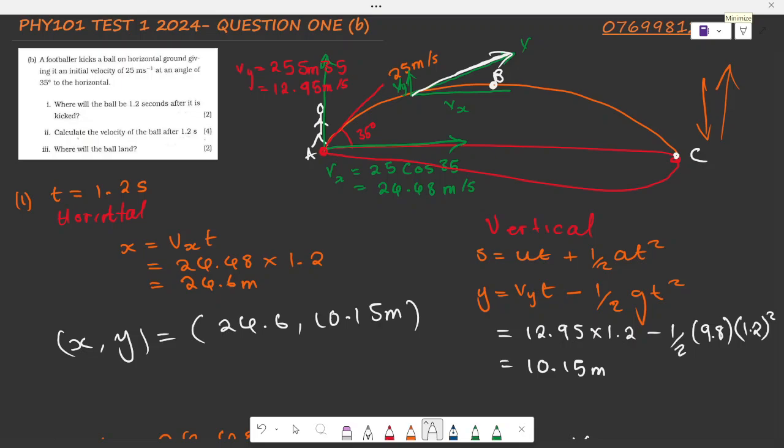So part A to B is the same as part B to C. The time taken for us to move from A to B will be equal to the time taken for us to move from B to C. So let us try to find the flight time taken for us to move from A to B. And we also need to know the velocity at B. We know at the maximum point in this flight, the velocity is going to be equal to 0. This is going to help us to calculate the flight time.